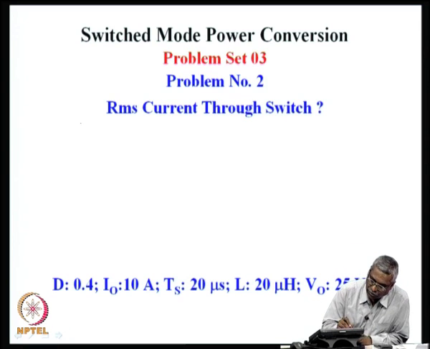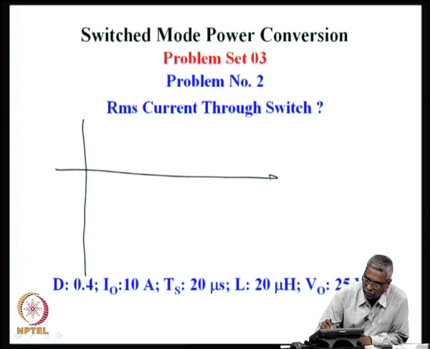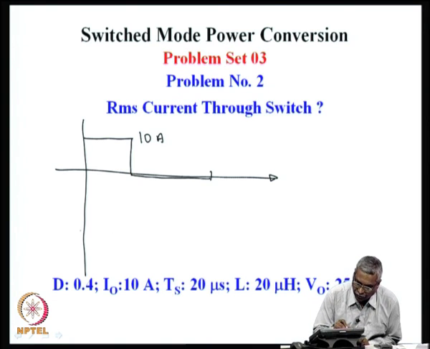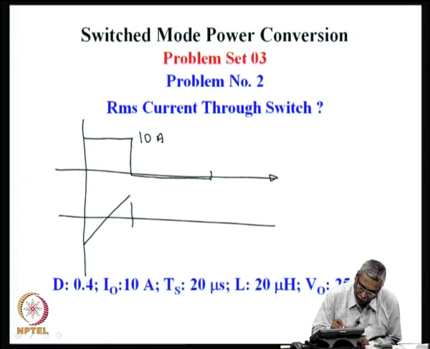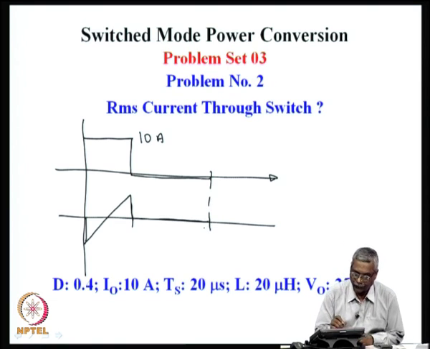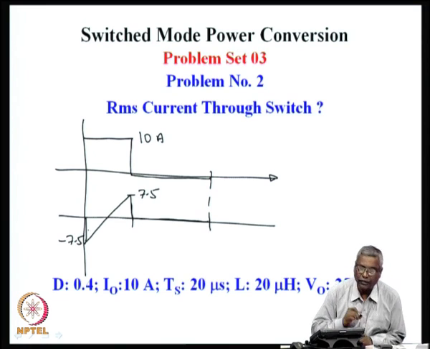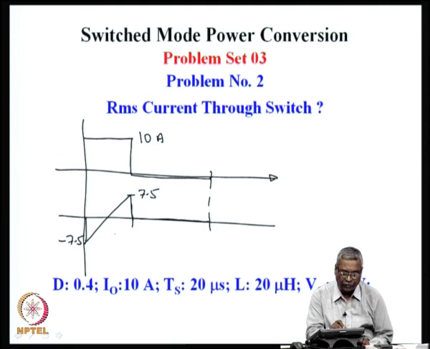simpler way. So, this current can be considered to have two components. One is a current of 10 amperes during the on time, and on top of that a ramp current of plus minus 7.5.